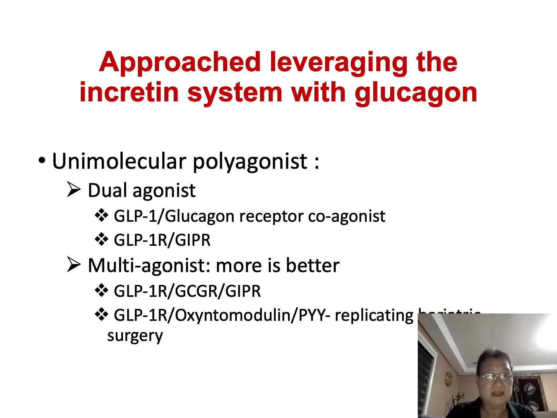They can combine GLP-1, glucagon, and GIP, or GIP, oxyntomodulin, and PYY, replicating the bariatric surgery, because after bariatric surgery, they found out that these gut hormones are super high, and they link this to the consistent weight loss of the patient.